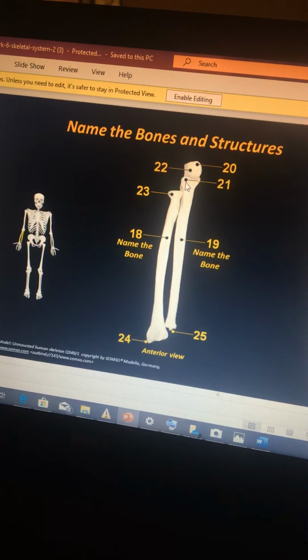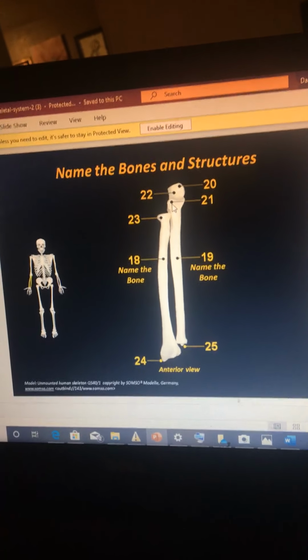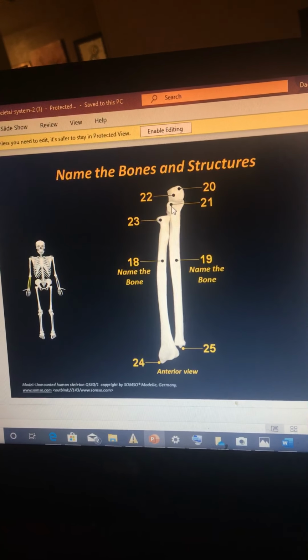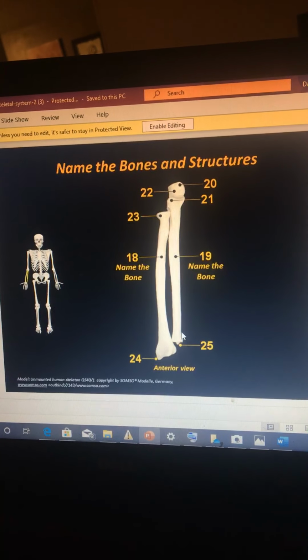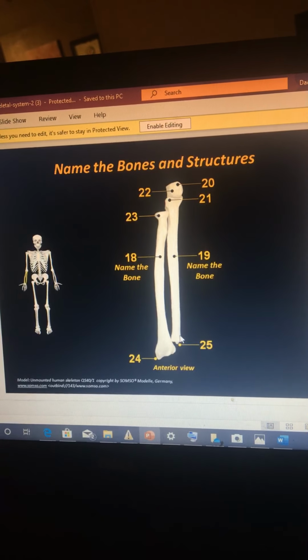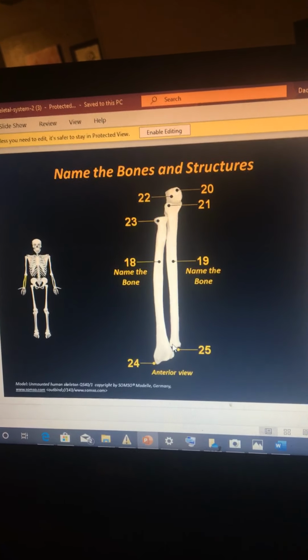It also has a coronoid process. And then down here, it has a styloid process and an ulnar notch.